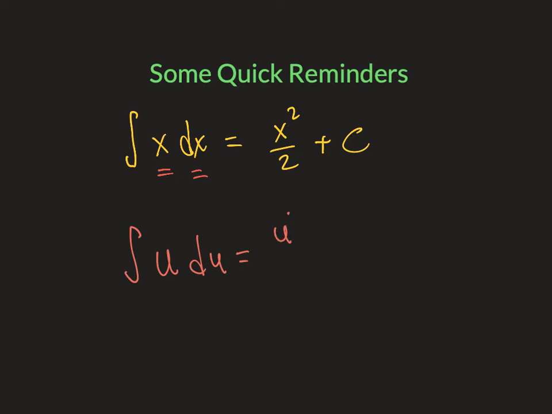That would be u squared over 2 plus c, right? The fact that we use the letter u really doesn't affect the way we do the problem. And that could work for the letter p or the letter m, but traditionally you'll see in our examples here that we use u when we do substitution. Okay, now let's dive in.